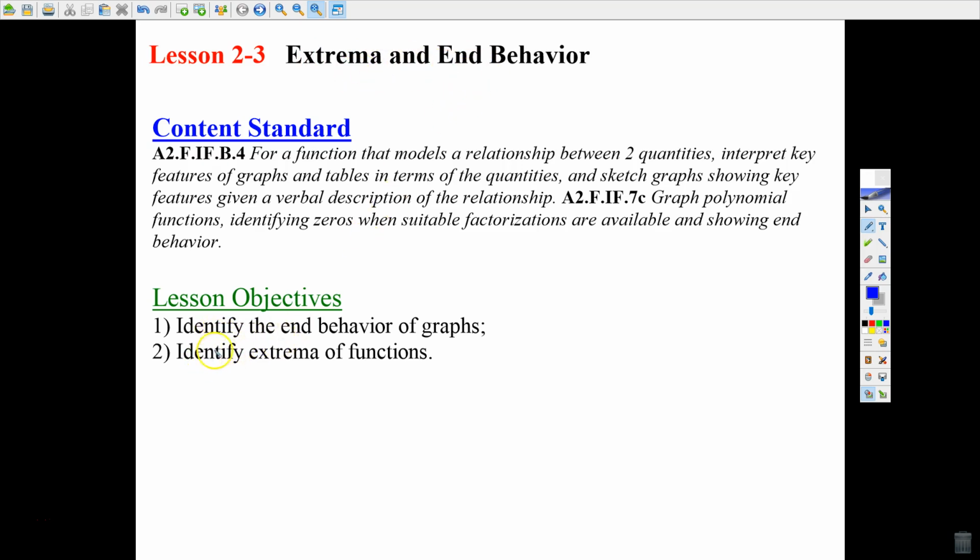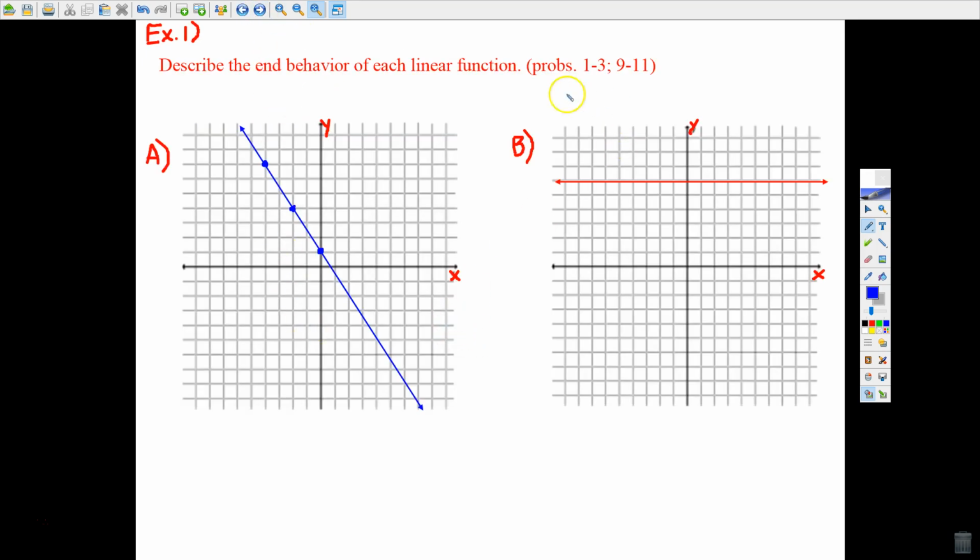At the end of this lesson, and especially after you've had a chance to practice some problems, I want you to be good at identifying what we call the end behavior, what happens on the right and the left sides of a graph as the numbers for x continue to get larger or smaller. And then can we identify what we call relative maximum or relative minimum points, and that's what we mean by extrema of functions.